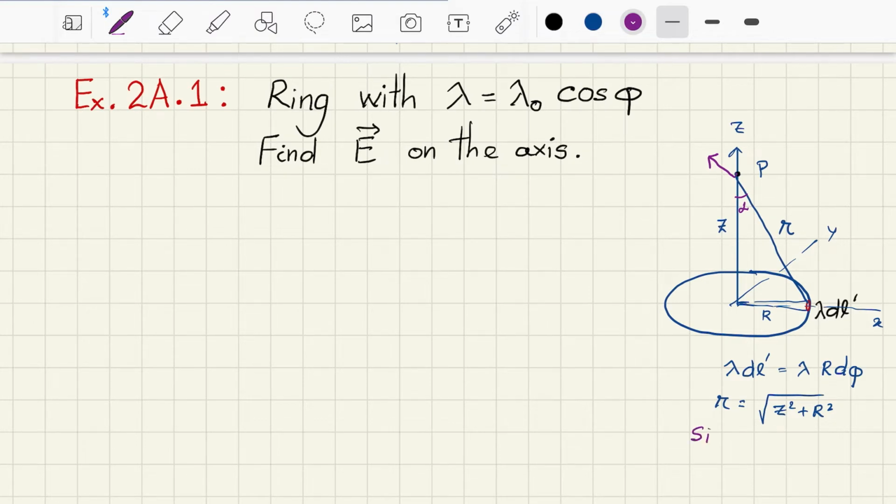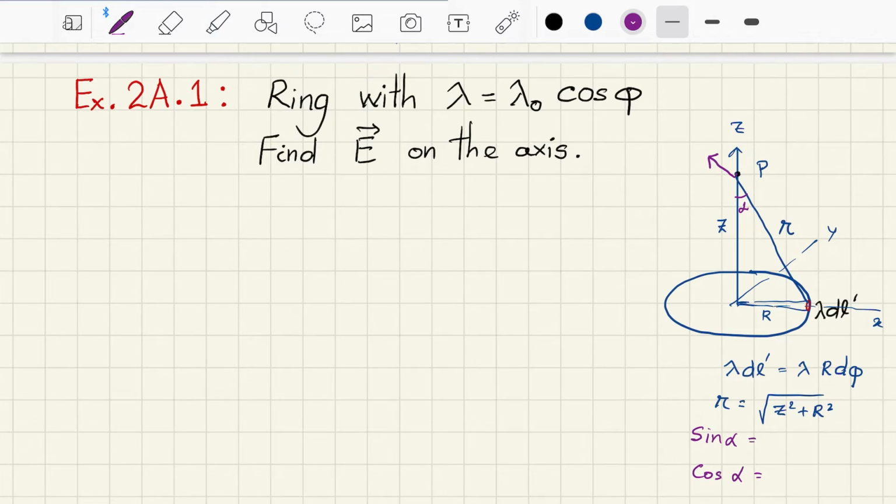So we'll have both cos alpha and sine alpha.